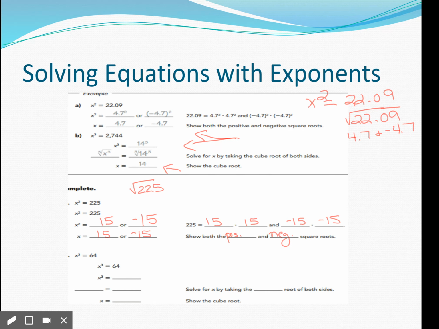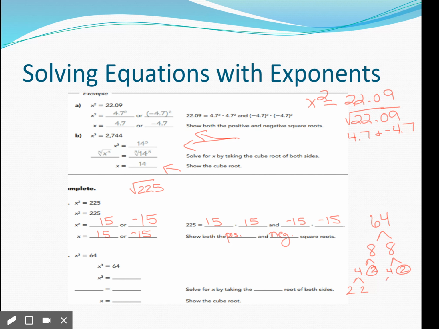The cube root, so I know that 64 has a square root of 8. So I'm going to use my factor tree to help me out there and break that down into 8 and 8. And I'll break each of my 8s down into prime factors if I can. The 2s are prime factors, but the 4s are not.